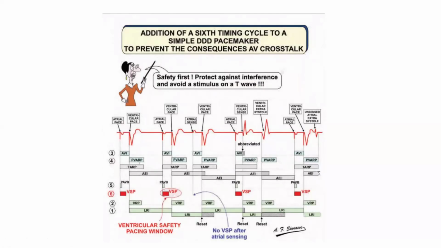So I add a ventricular blanking in cases of atrial pacing, and a ventricular safety period also after atrial pacing, because if anything happens in this duration, it will cause early firing, and that will avoid the patient going into asystole.